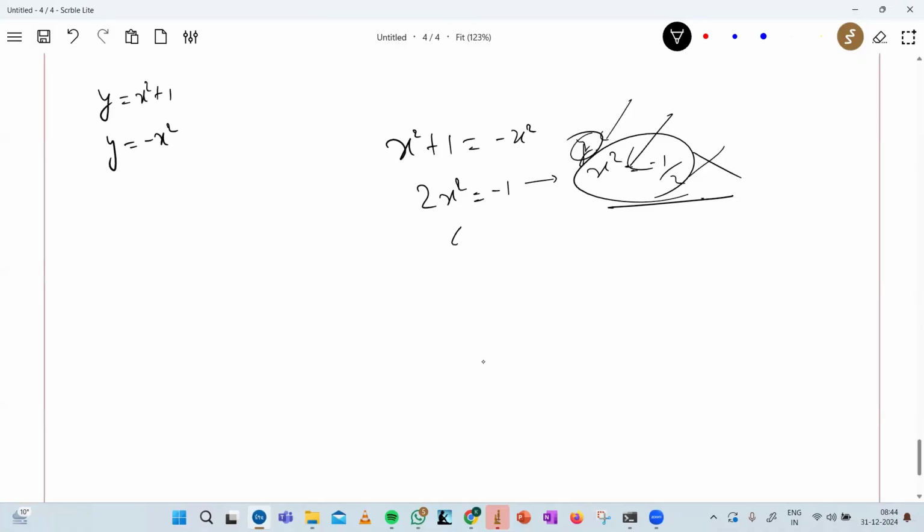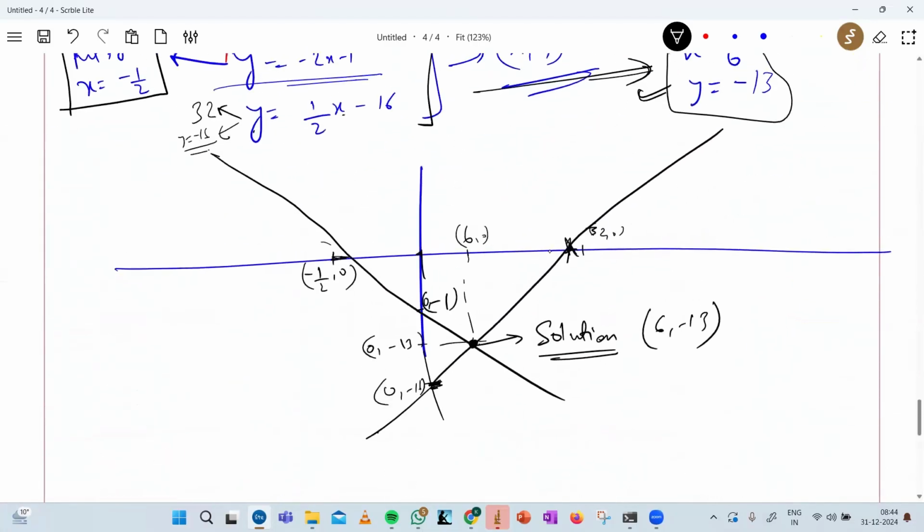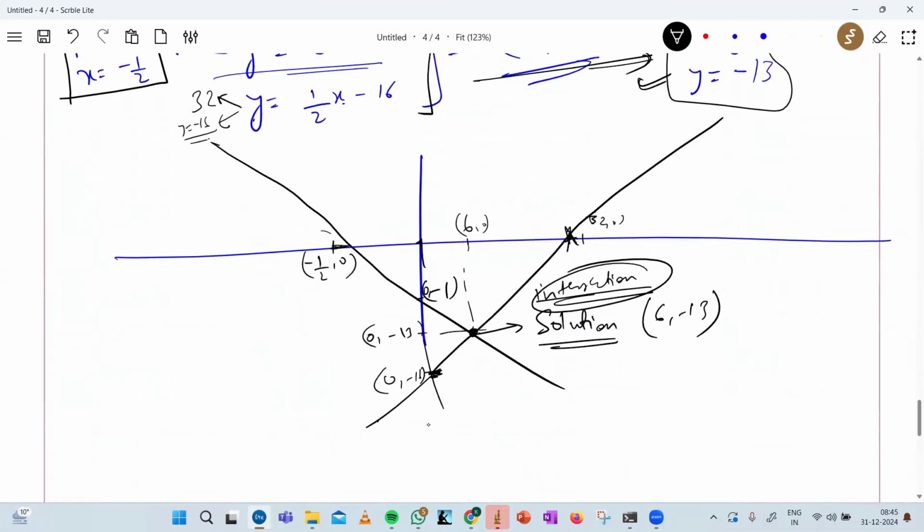It means that the graphs should not cut each other. There, the both lines were cutting, they are intersecting basically. Cutting means intersecting. If they have an intersection, then only it has a solution.